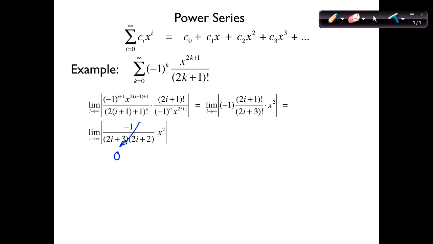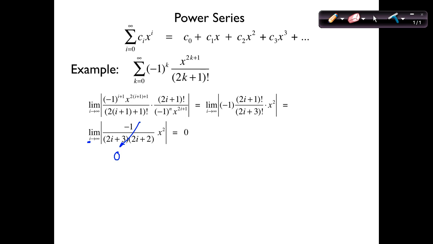It'll be x squared. So then what happens in the limit? What's the limit? The limit is 0 times anything is 0, right? So if that fraction goes to 0, it doesn't matter what x squared is. The limit is 0.